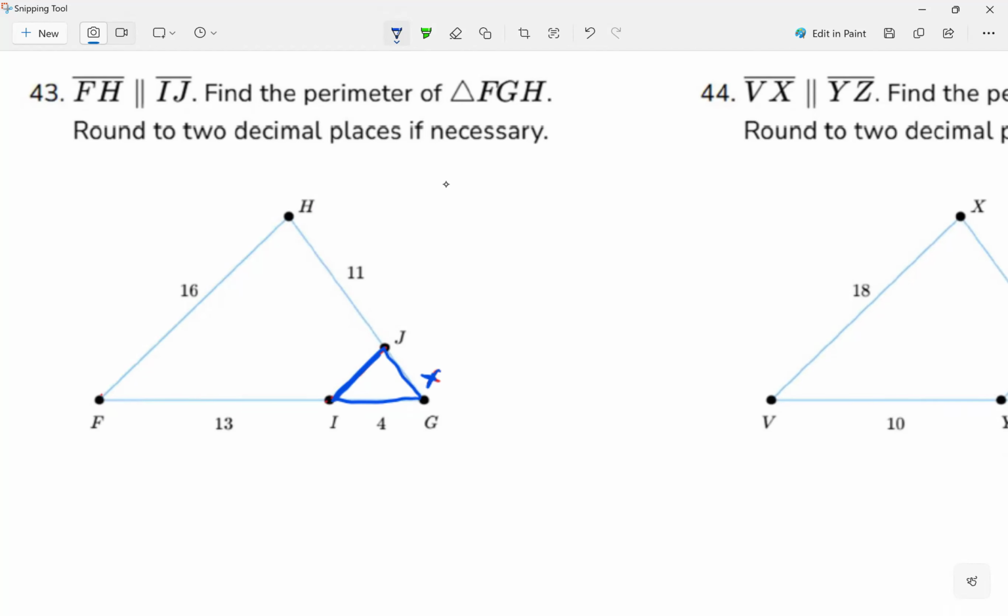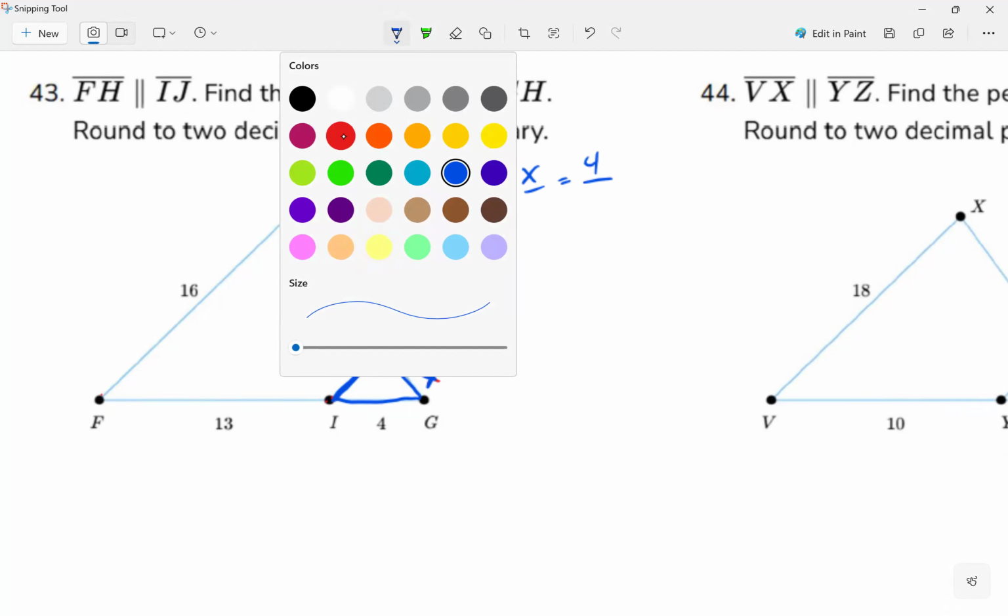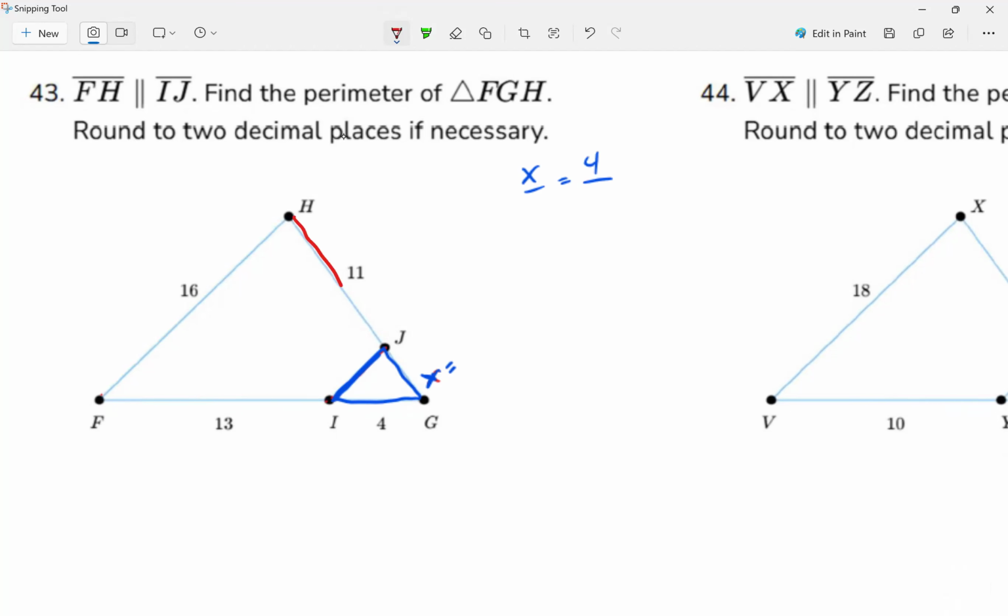Right, this is part of this thing. I don't know what the value is. I'm just going to say X equals. I call it X because when I don't know the value of something, I just replace it with the letter. So I'm going to say the little triangle, I'm going to use the measurements X and 4. From the big triangle, I'm going to call it red triangle.